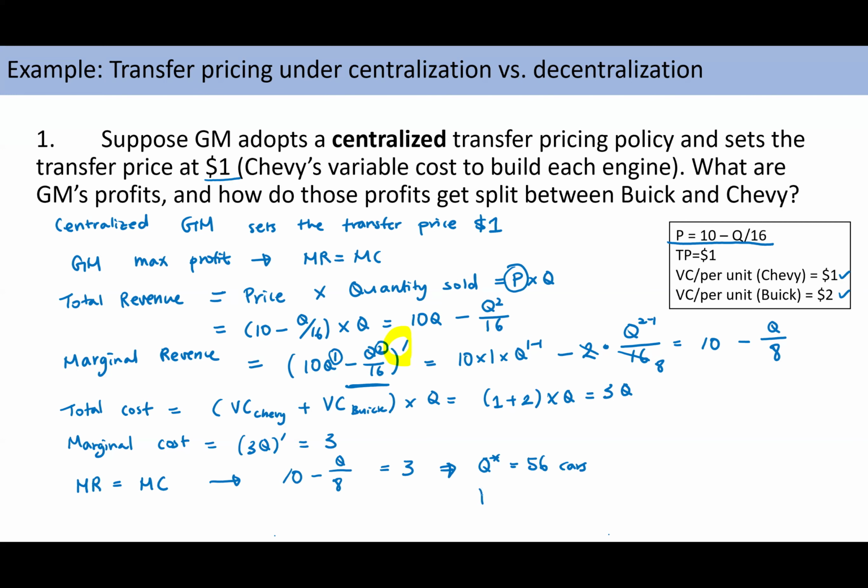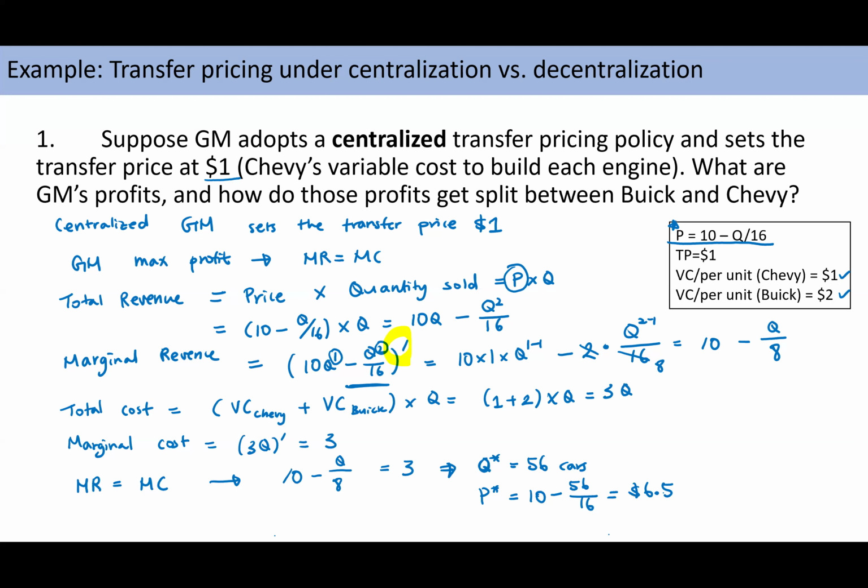Now we can find the price by plugging this quantity into our demand function. That's 10 minus 56 over 16, which is $6.5. So GM can maximize their profit when they sell their cars at $6.5 and sell 56 of them.